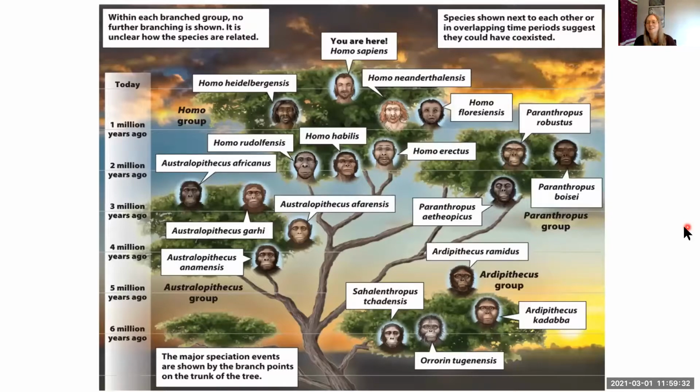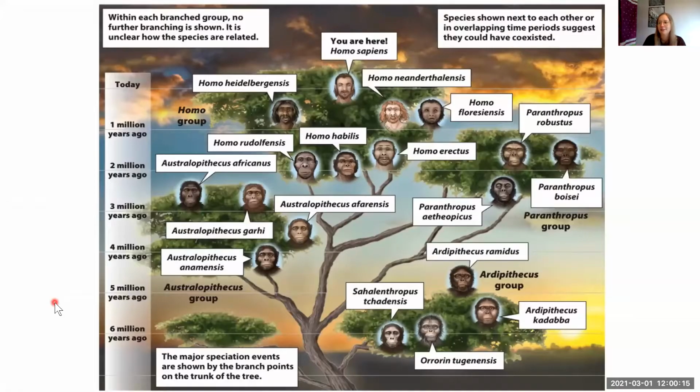Here we have the family tree for the major groups of humans. And down here would be our original group that we branched off of. And then we have 6 million years ago up to today. This is being really literal with the tree idea.